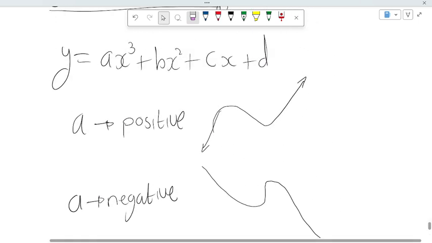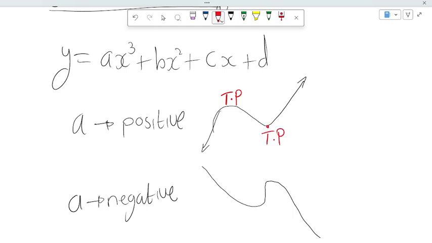We have two turning points. We have a turning point here and then a turning point there, right? Then this one here in the middle, you would have a point of inflection.